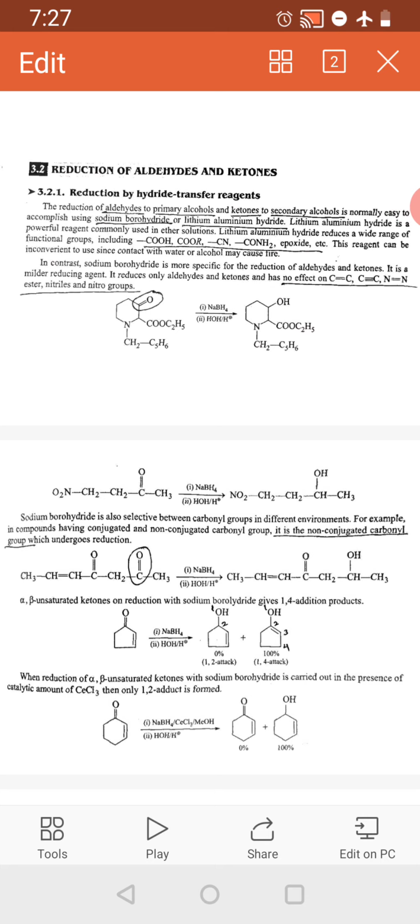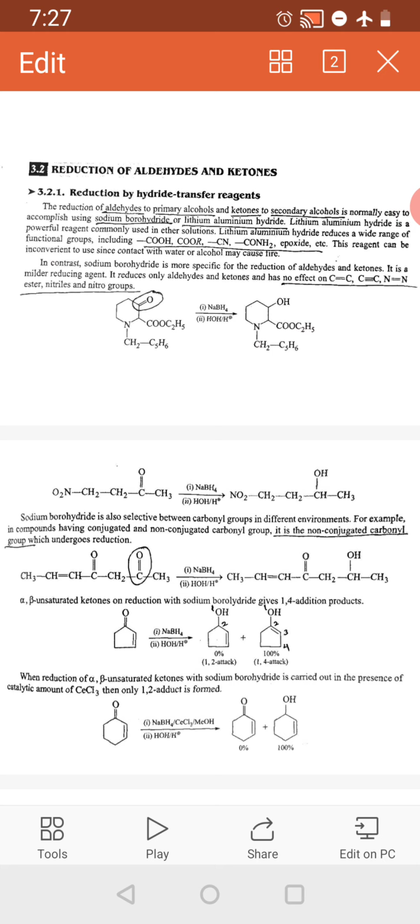Lithium aluminum hydride reduces a wide range of functional groups such as carboxylic group, ester, cyanide, amido group, epoxide, etc. So this is not very handy to use when we want to carry out reduction of aldehydes and ketones. In place of lithium aluminum hydride, sodium borohydride is very specific for the reduction of carbonyl compounds.